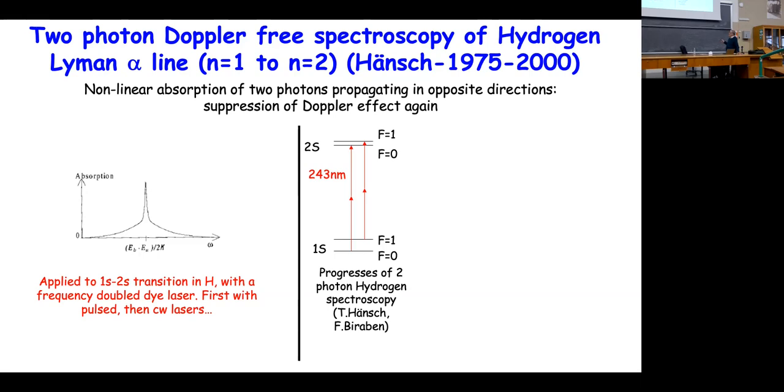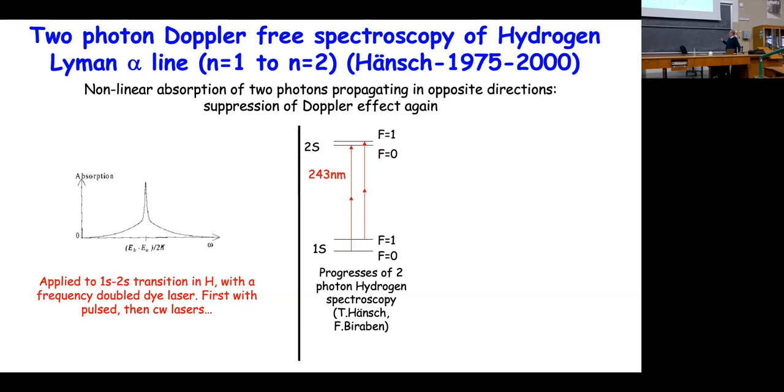And it has already been tested first on hydrogen, this time on the 1s to 2s transition. This is a transition from the ground state to the first excited state. It's called the Lyman alpha line, and it's in the far UV, about 120 nanometers, excuse me.